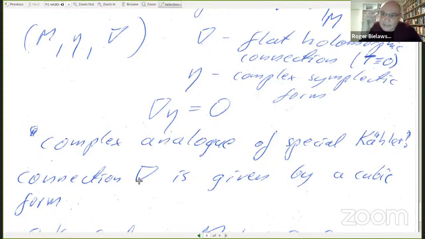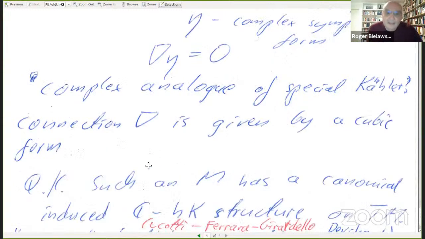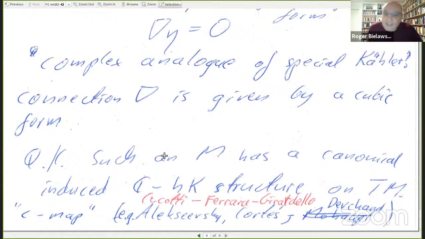You have a complex manifold with a complex symplectic form and a flat symplectic holomorphic connection given by a cubic form. And I wouldn't be surprised if for such a thing there is a holomorphic C-map, which would then induce the complex hyperKähler structure on TM.